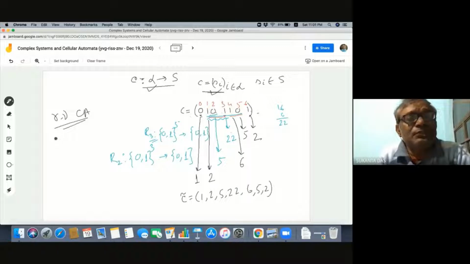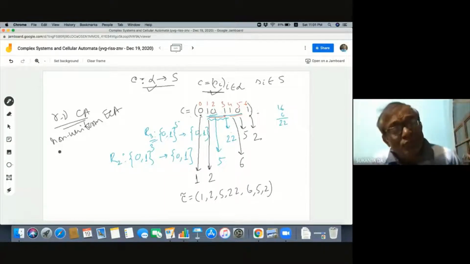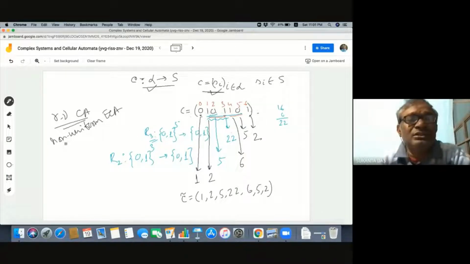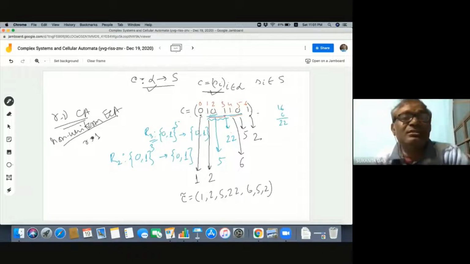In particular, when you discuss non-uniform ECA, it is RNUCA because all the cells use the ECA rules, right? So R is 1 in this case. If it is said that it is non-uniform ECA, then we need not specify the radius for finding the RMT sequence.